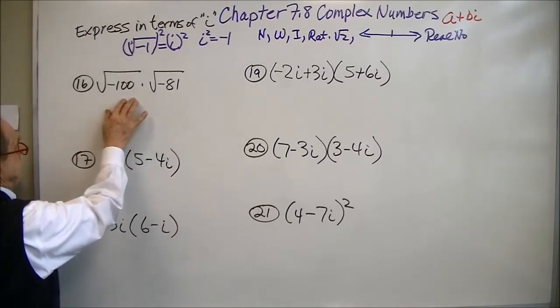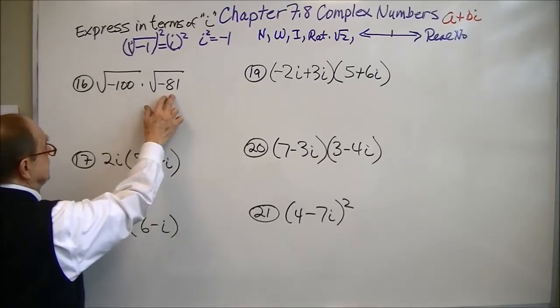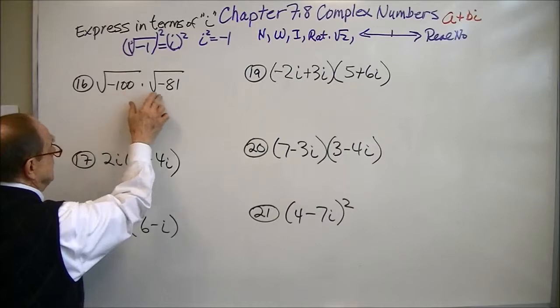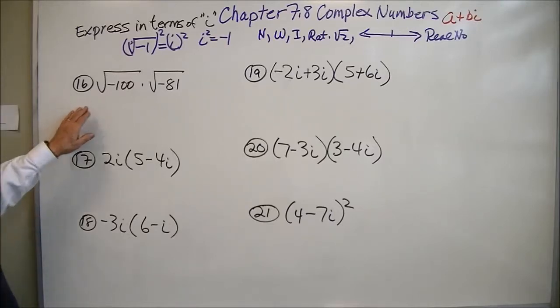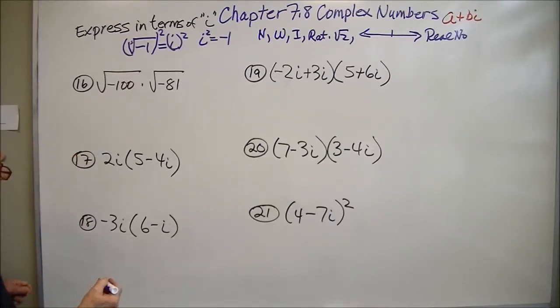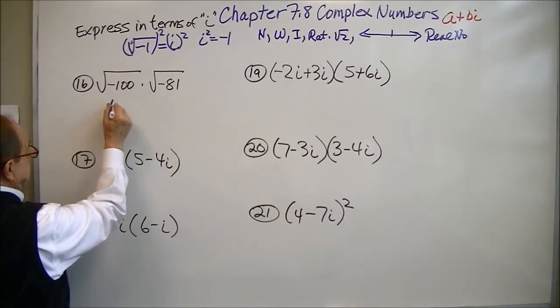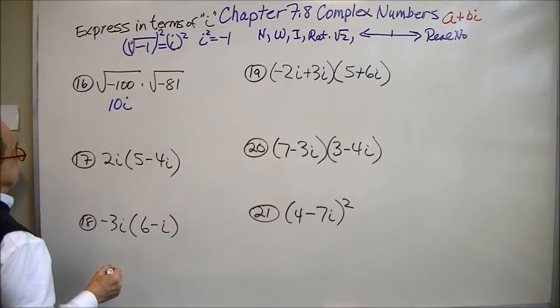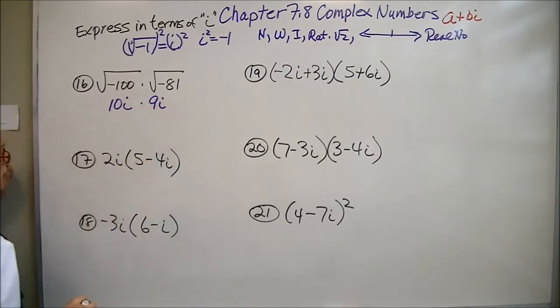Now, an interesting thing happens. If you multiply, take the square root of this and get 10, square root of this and you get 9, and they're both negative, you think you would end up with a positive. But when you're dealing with complex numbers, you can't do it this way. So the way to do this is this becomes 10i, and this becomes 9i, and you're going to multiply them.